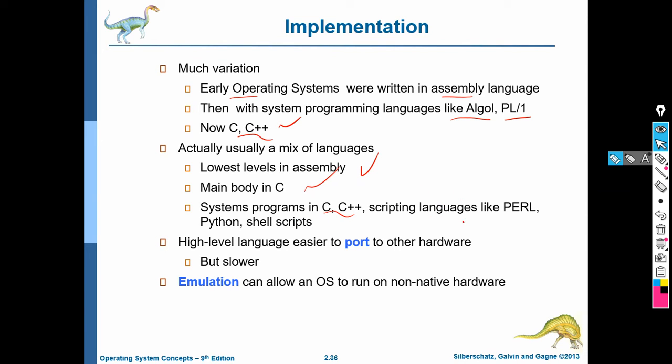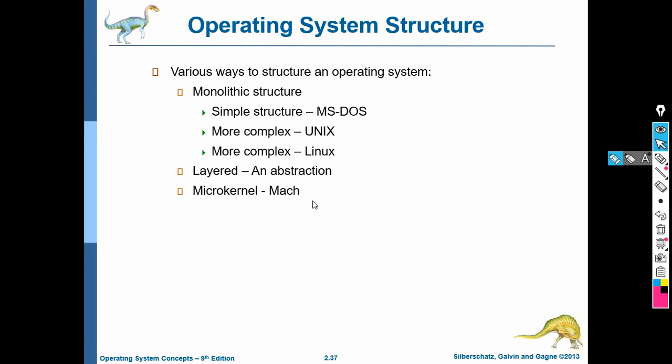Some scripting languages are also being used, like Perl, Python, shell scripts as well. High level languages are easier to port to other hardware, but slower. Emulation can allow an OS to run on non-native hardware.